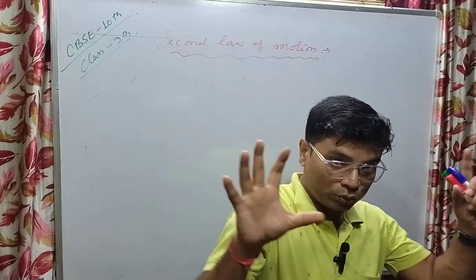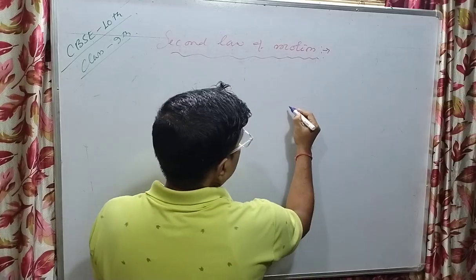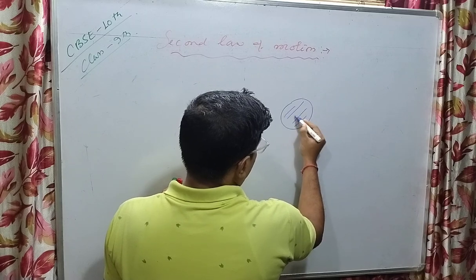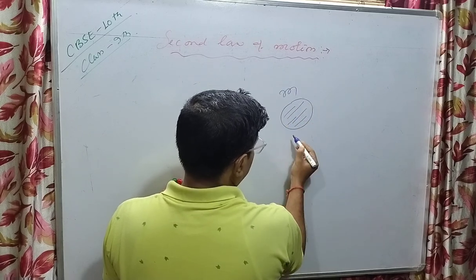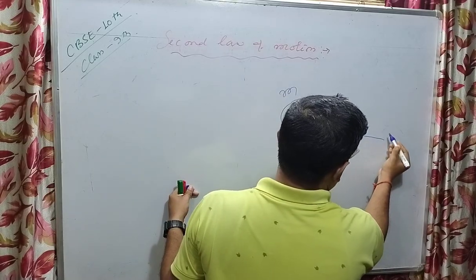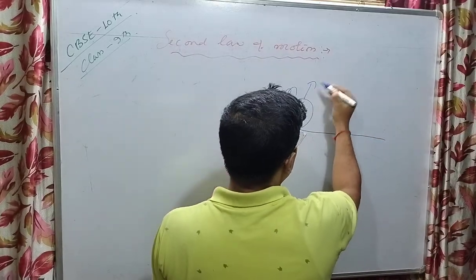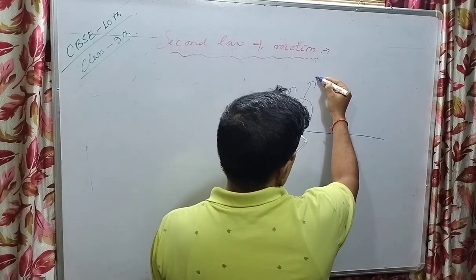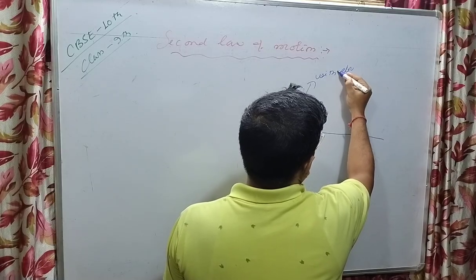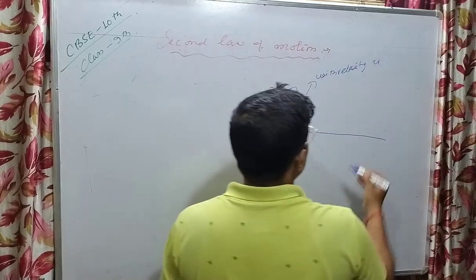Suppose here is an object, students, of mass m, and it is at point A. At this point, the object starts with velocity u.